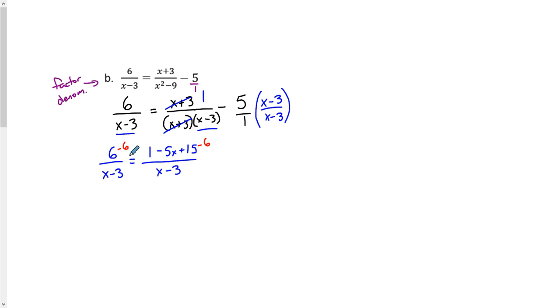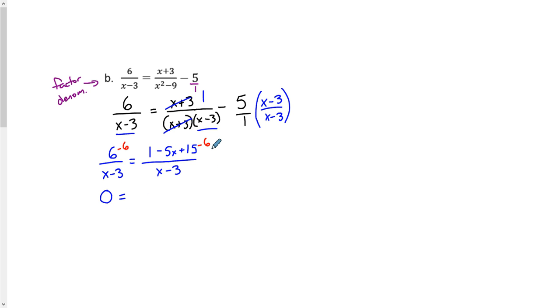So essentially what I'm doing is subtracting a 6 over x subtract 3. I'm just not writing the over x subtract 3 because the denominators are already the same. That puts the 0 on the left-hand side, and that's fine. You can have the 0 on the left.